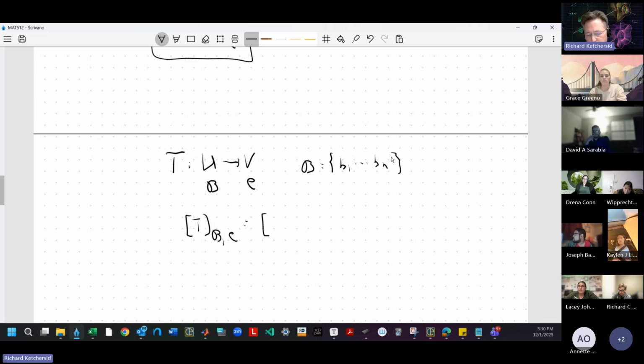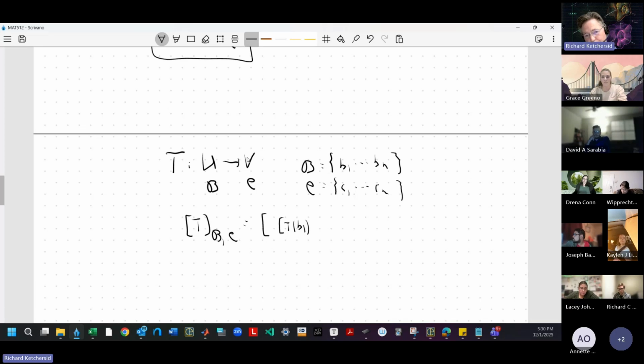I'm just keeping with the letter B. And C is going to be c1 through cm. So this thing has dimension n, this thing has dimension m. What we're going to do is apply T to b1. Where does T of b1 live?